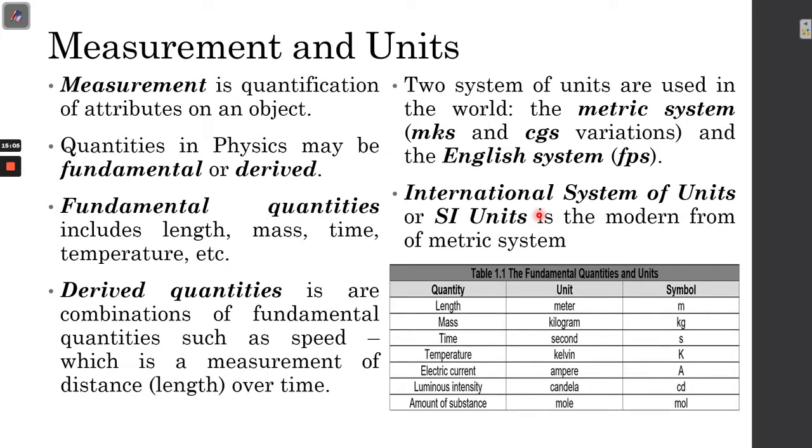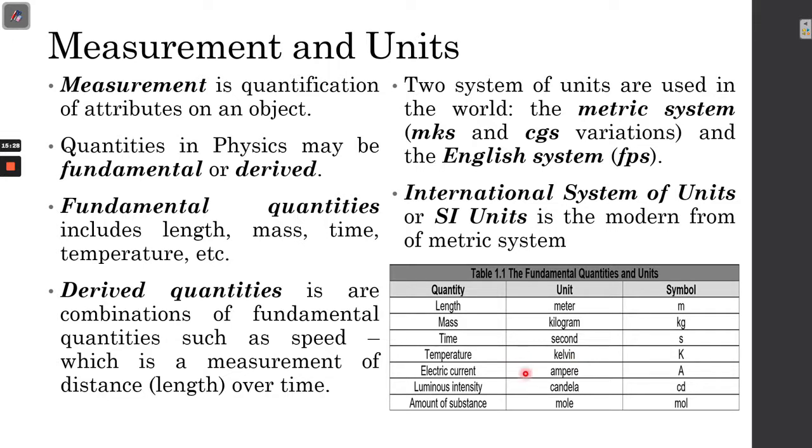Here is the table of some of the fundamental quantities and units in SI units. So we use length, mass, time, temperature, electric current, luminous intensity, amount of substance, etc. These are just some of the examples. For length, we use the meter unit, and the symbol for that is m, kg for kilogram, s for seconds, K for Kelvin.